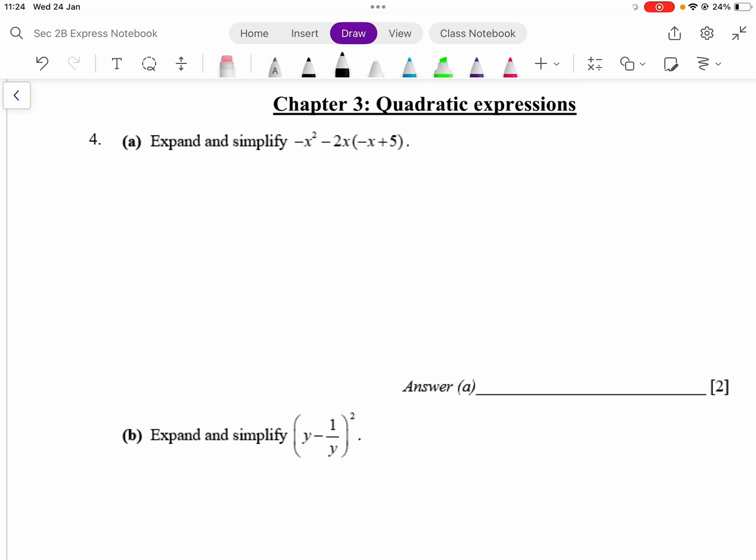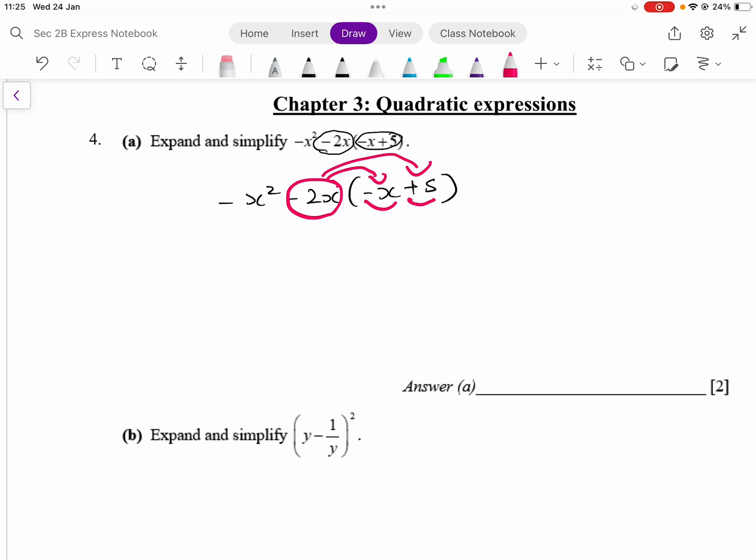So to approach this question, you need to know that there is no two sets of bracket. There's only one, which means that the only term that multiplies with this bracket, the terms in this bracket, is minus 2x only. So minus x squared minus 2x bracket minus x plus 5. Okay, so we take minus 2x multiply with minus x, minus 2x multiply with plus 5.